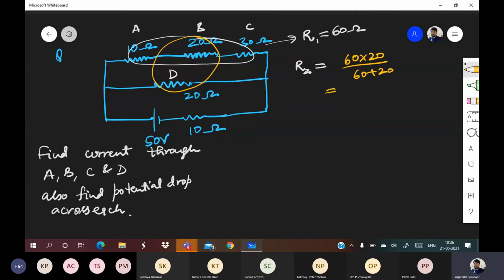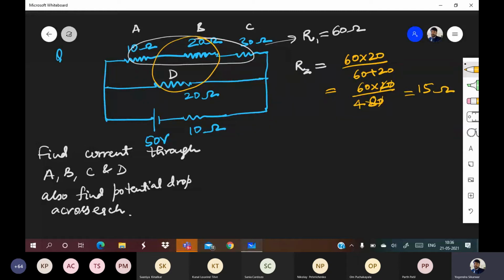So that comes out to be 60 into 20 upon 80, and that becomes 60, and 2 is cancelling this 4 times. So 60 upon 4 is 15 ohms.